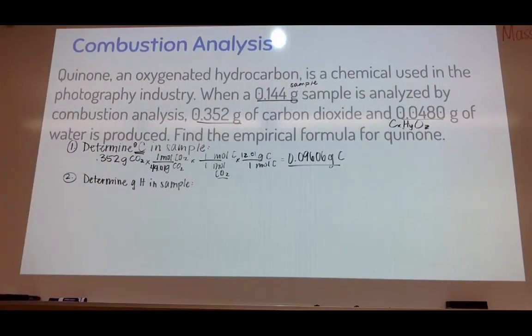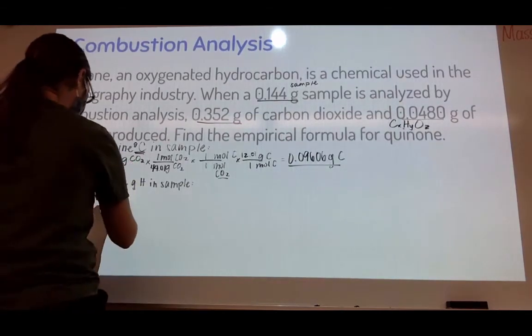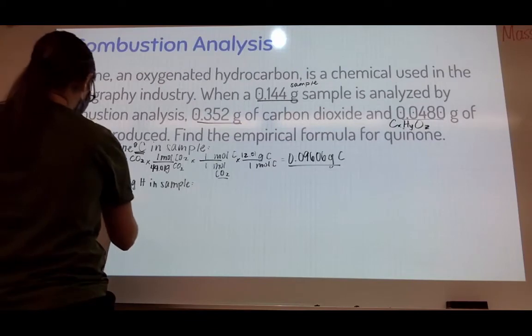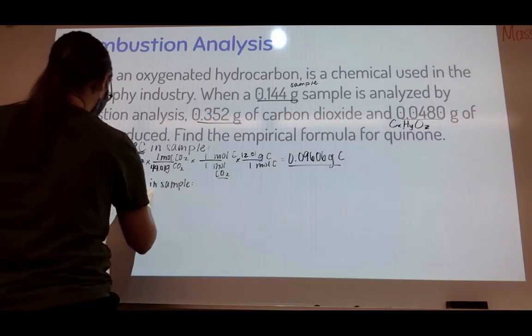Now remember that all of the hydrogen from this hydrocarbon goes into water. There's only one place for carbon to go, CO2. There's only one place for hydrogen to go, H2O. So I'm going to start with 0.0480 grams of H2O.